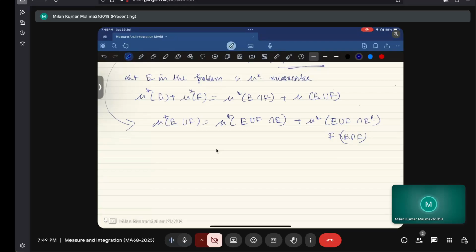But F minus intersection F means... Okay, so I'll do this later.